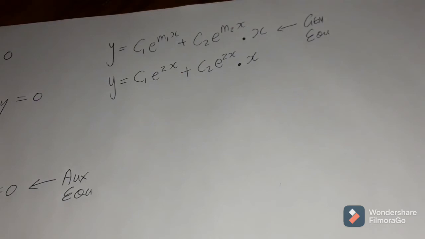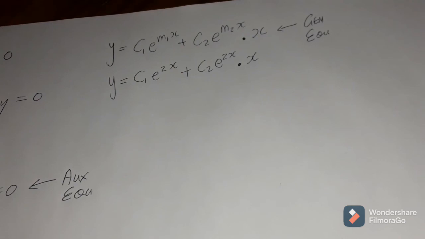So just because your factors of m are the same, you're just gonna add on to your standard general equation, you're gonna just add x here on one equation. Okay, so this is called your general equation.